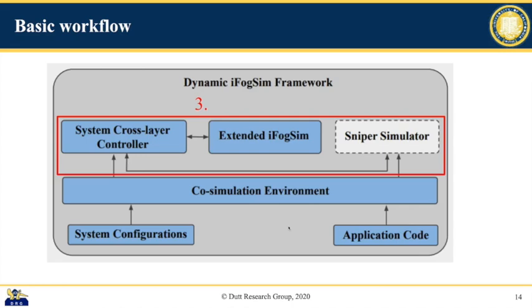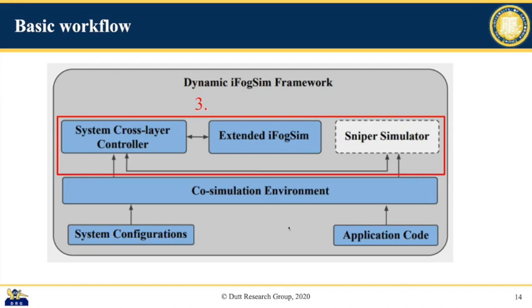For example, if a user wants to check some Python application on them, then the system cross-layer controller runs iFogSim first with the network and the workflow configuration. Sometimes a virtual device in iFogSim faces an unknown application status.